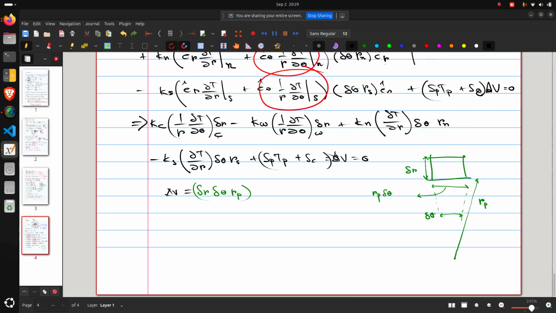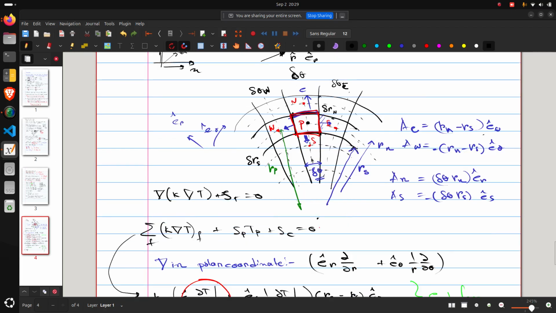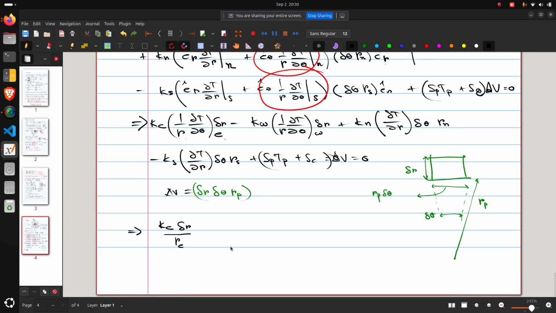So let's write down all the other stuff that is needed. So here, k east del r, this is r at east, which is nothing but r small e, right? Okay, this r will be just a centroid here, so it will be nothing but rp, you understand, right?